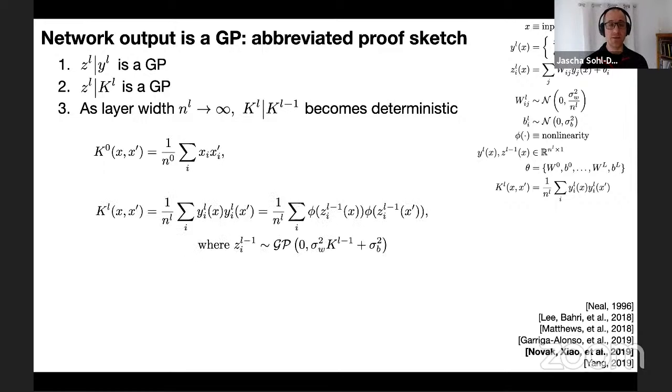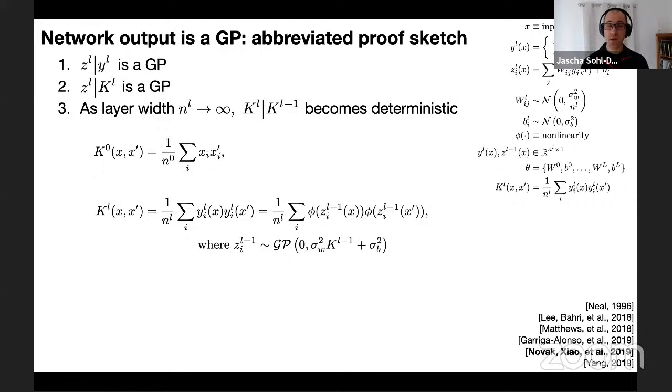And then KL for L greater than 0 is just the second moment matrix of YL at layer L, which is computed by averaging over units i in the layer L. But YL is the activations after applying the nonlinearity phi. So we can substitute phi of ZL minus 1 into the equation for the second moment matrix KL. So we can just write YL in terms of the preceding pre-activations.